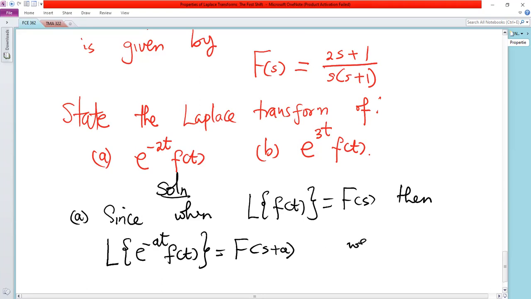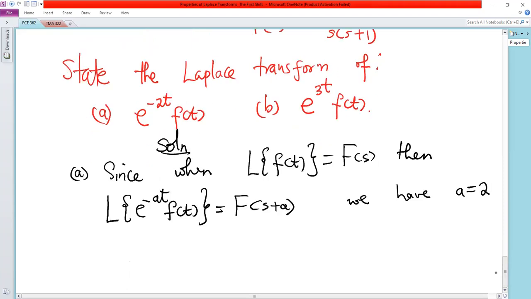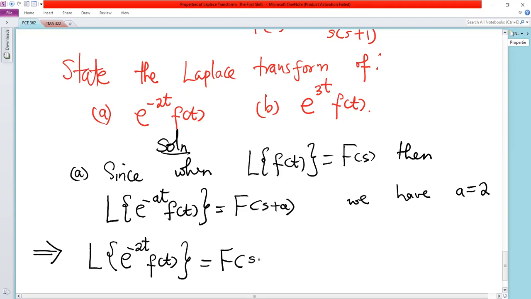We have a equals 2. Now just relate e raised power minus at and e raised power minus 2t, which tells you that a is 2, which implies Laplace transform of e raised power minus 2t times f of t will be given by capital F of s plus 2.